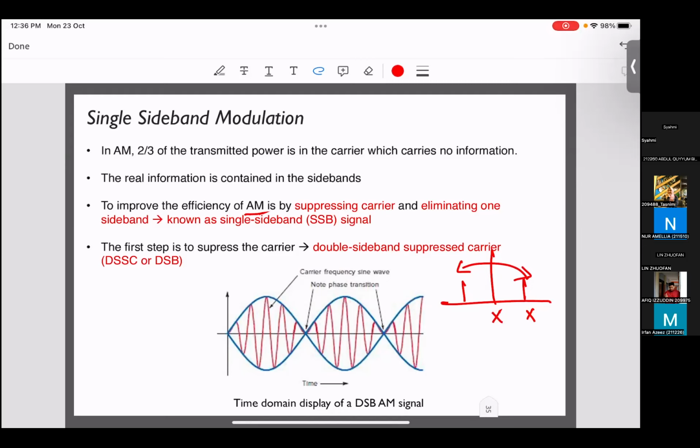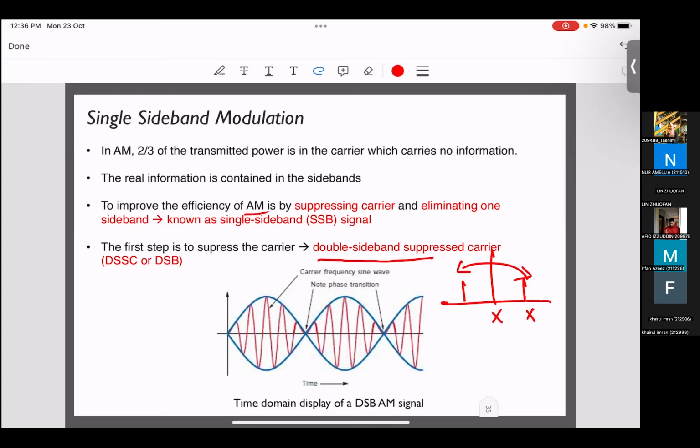So the first step is to suppress the carrier, and then suppress the sideband. Suppressing the carrier is called double sideband suppressed carrier, or double sideband only. We will just call this DSB for short. If we suppress the carrier, we are still left with double sideband. We suppress the carrier, but our sidebands are still there.